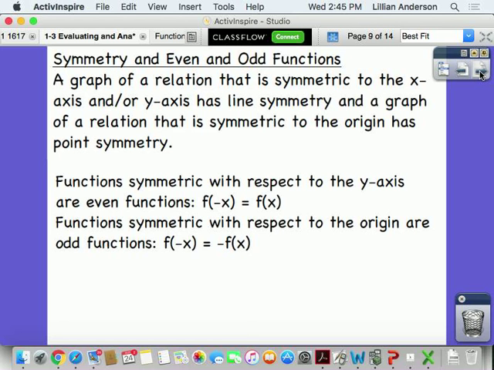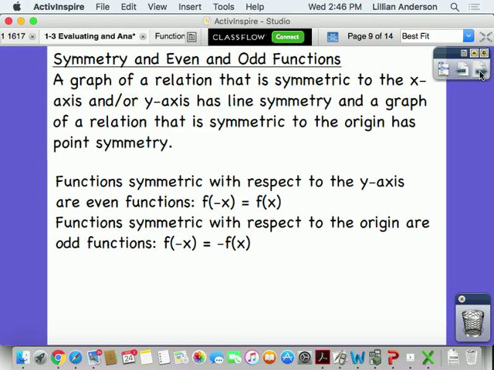Basically, if you were to graph an equation, a function, on an x and y plane, if you could fold your paper on the y-axis and basically the right side of the graph would line up to the left side of the graph, it has line symmetry. Basically, it cuts the graph in half. However, if it has origin symmetry or point symmetry, that basically means it's like you flip it over the x and you flip it over the y. All right? We're going to look at a few of them so you can kind of see what I mean by that.